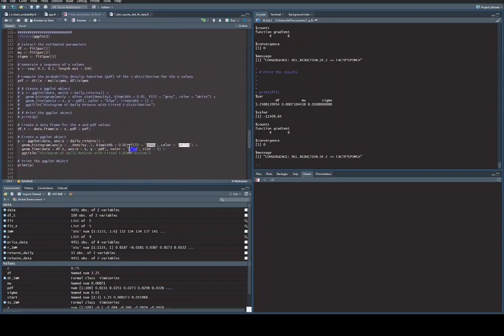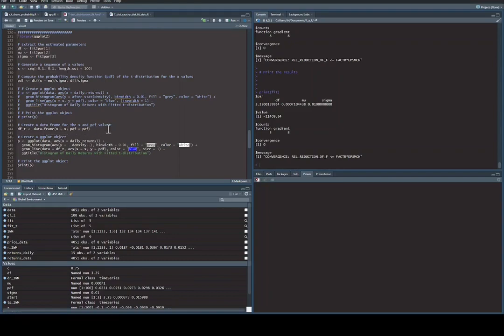Degrees of freedom is fit parameter 1, mu is parameter 2, sigma is fit parameter 3, and PDF is the density of the t distribution equals x minus mu over sigma, degrees of freedom over sigma, and degrees of freedom t equals data frame x equals x, PDF equals PDF.